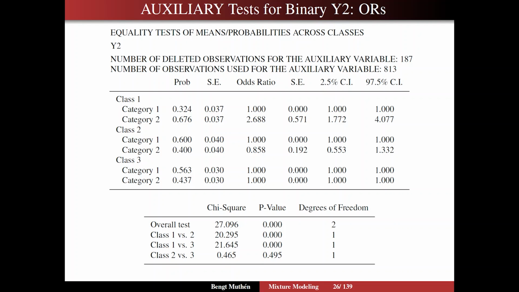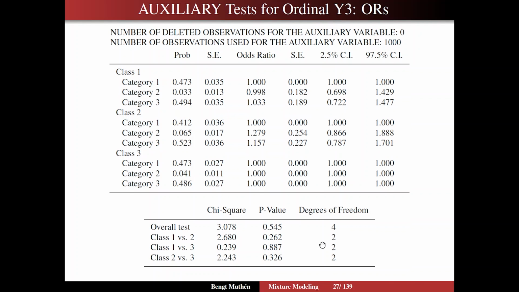And this is also seen in the chi-square test section at the bottom, where we test differences in probabilities. We have an overall test, but we are looking at the class-specific tests, and we see the significance here, but not for class 2 versus class 3. Degrees of freedom is 1 for those class-specific comparisons. Turning then to slide 27, we look at the ordinal Y3. So here we have a 3-category distal outcome.